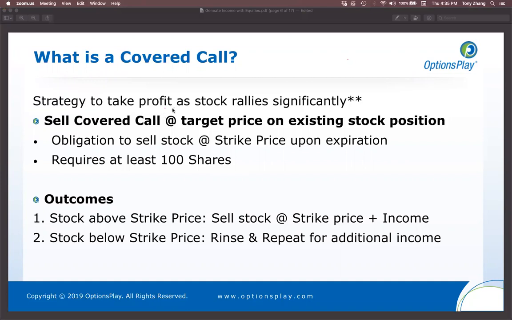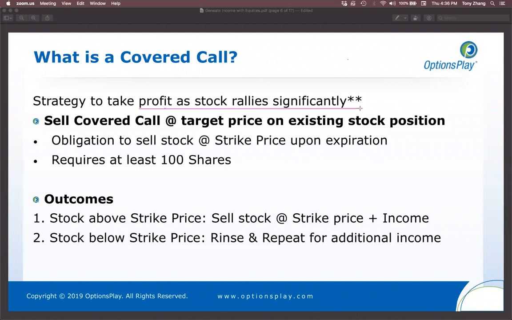So think of covered calls as a limit order that gets you out of your positions when the stock rallies significantly. Now, it just happens to be that by selling covered calls, you do get some income. Sometimes that income is significant, but compared to the cash secured put, the yield on a covered call is generally significantly lower. Now, there's a couple of reasons for that, but I'll get to that a little bit later.